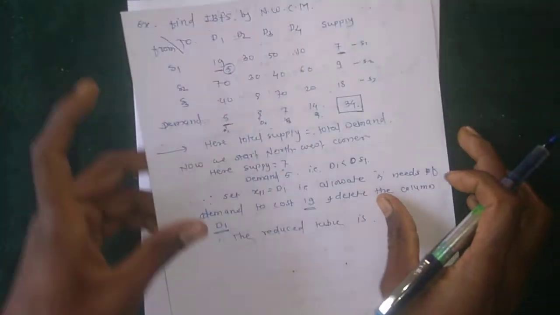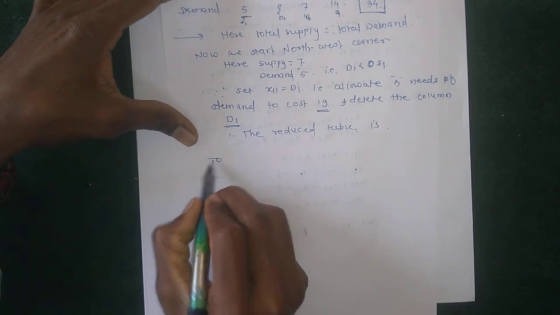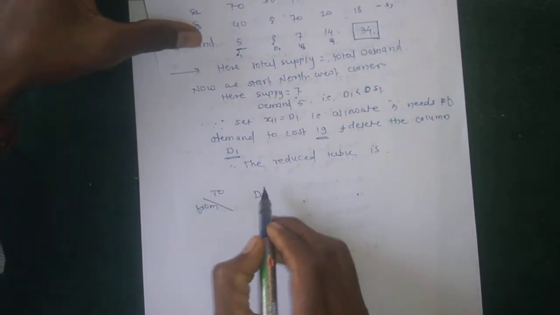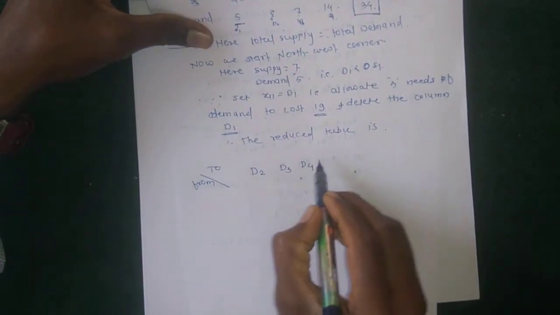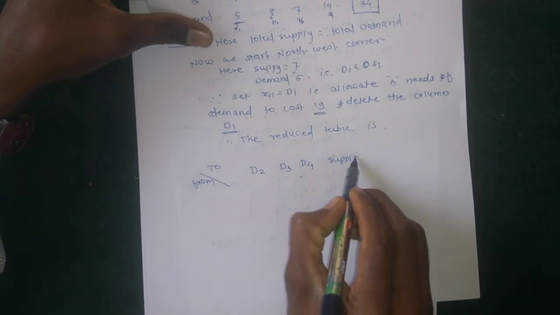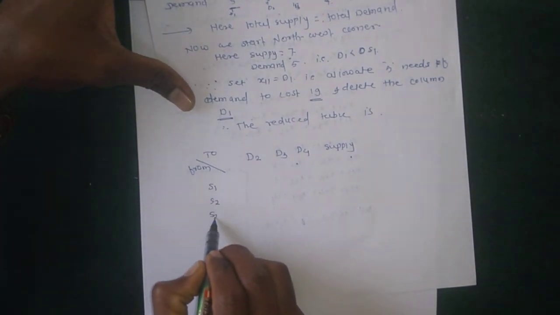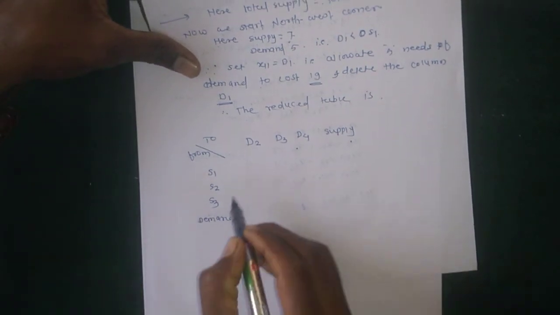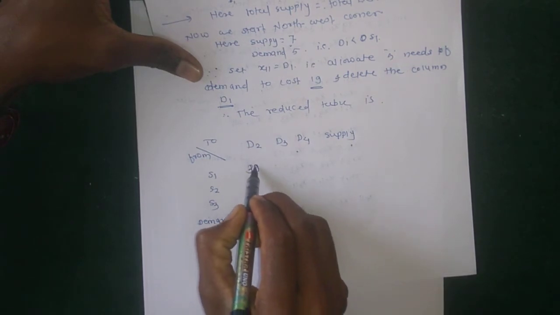The reduced table after deleting column D1: the first column is deleted, so the remaining are D2, D3 and D4, with supply S1, S2 and S3, and lastly the demand.